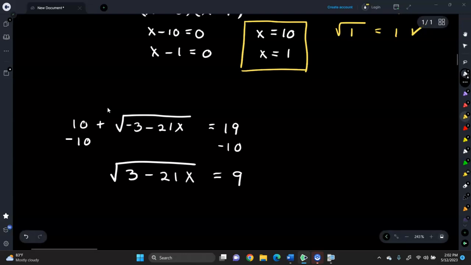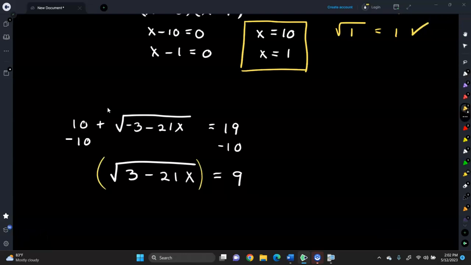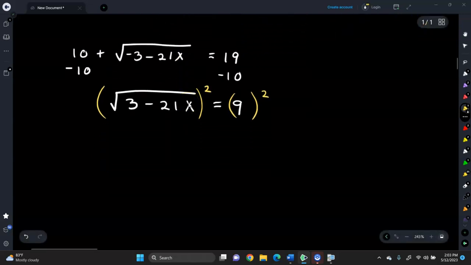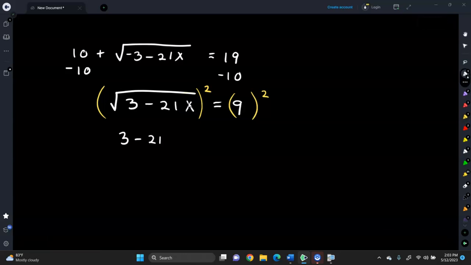Now I'm going to be able to square both sides because I've got this square root isolated. So we want to try to isolate the square root if at all possible, because that's going to make everything a lot more simple. Okay, so when I square this, now I'm left with negative 3 minus 21x. And when I square the 9, I'm left with 81.